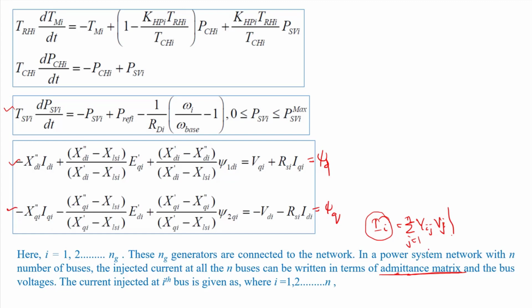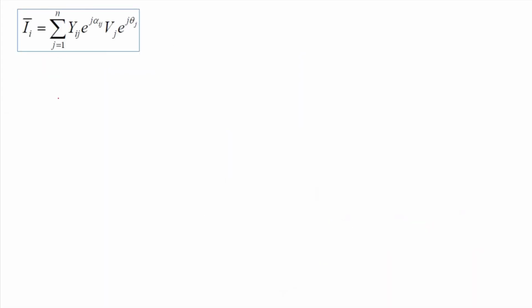So the current injected at the ith bus, where i equals 1 to n for all buses, is Ii equal to the summation of Yij e to the power j alpha ij, Vj e to the power j theta j, with j from 1 to n.